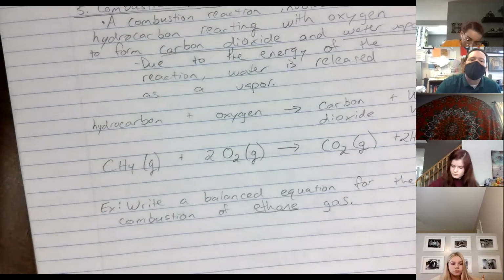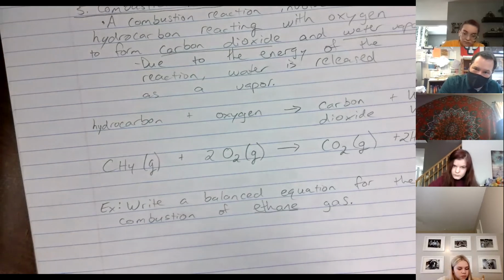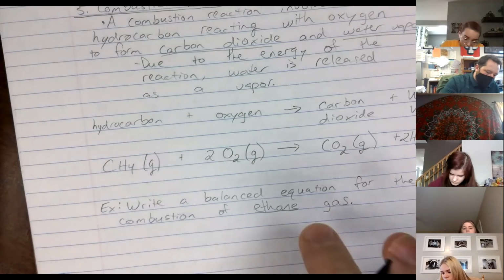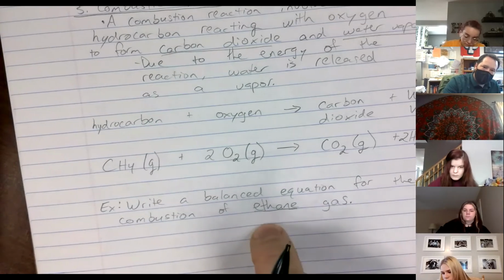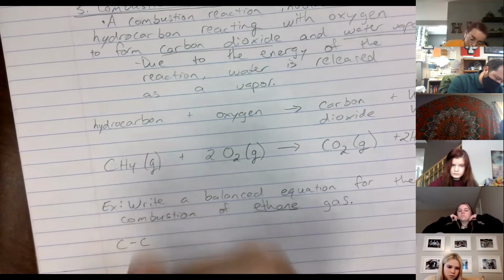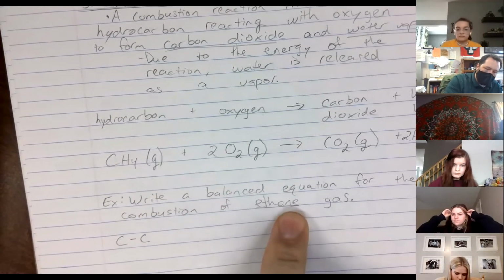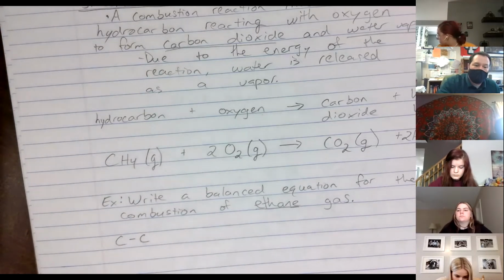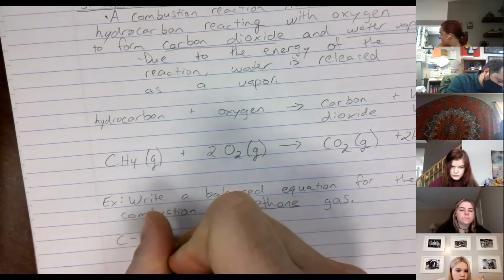I've been doing this for 20 years and I still have to do this. So don't think you can just take shortcuts. I have to write this out. Eth is 2 carbons. And ane tells me it's all single bonds. So I need to fill the rest up with hydrogens.